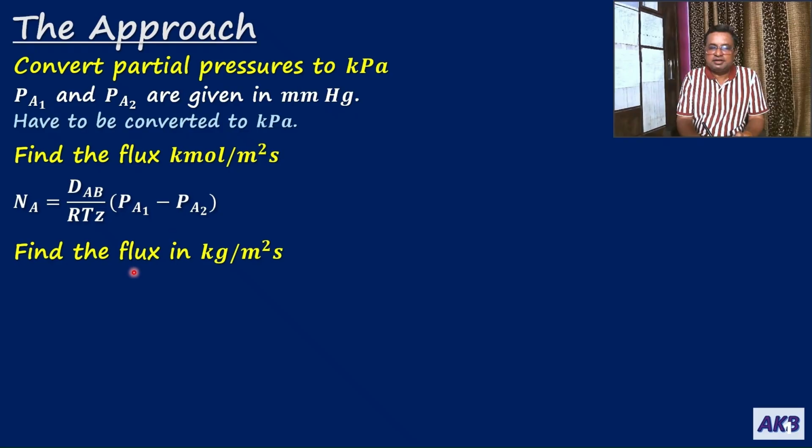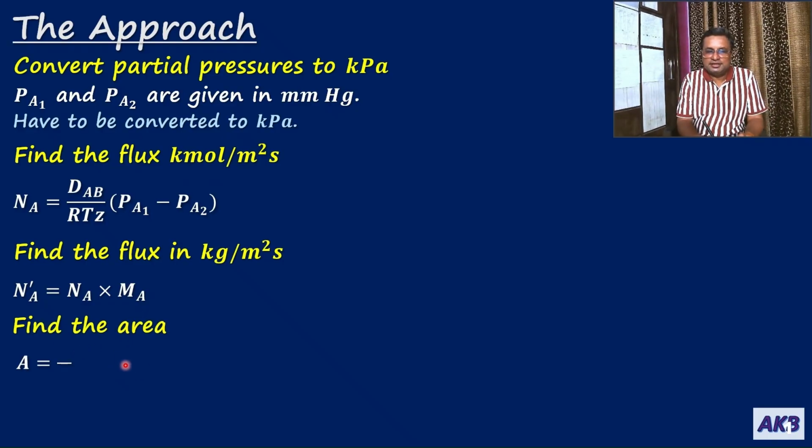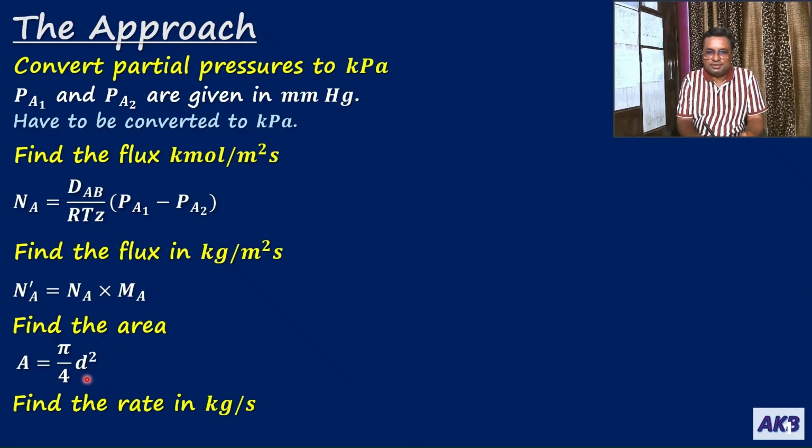Then after that, we will find the flux in kg per meter square per second, denoted as N_A dash. N_A dash will be equal to the flux in kilomole per meter square per second into the molecular weight of A. Then we will find the area through which diffusion occurs. The diameter of the tube is given to us, so A will be equal to pi by 4 into d square.